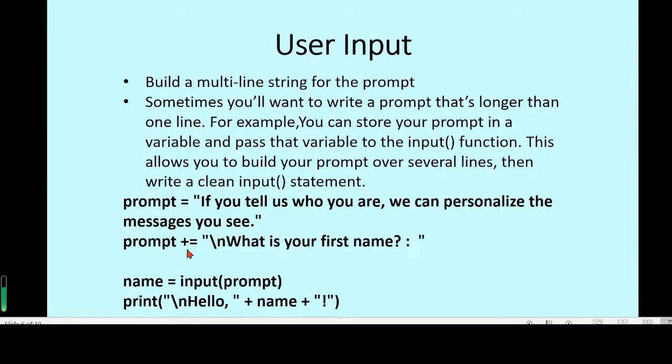Then we can use plus equal to add a new line with more information to this prompt variable. Next we can use the input function and pass in this prompt. So the user will see, if you tell us who you are, what's your first name, a two-line prompt.